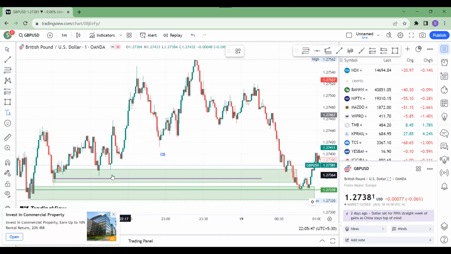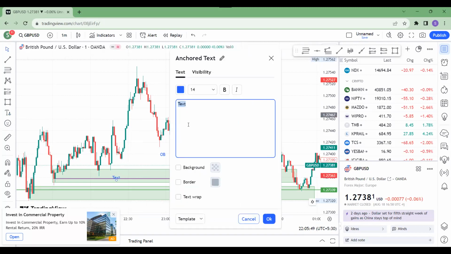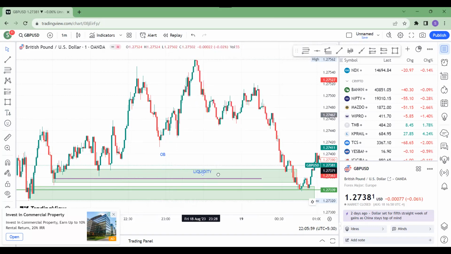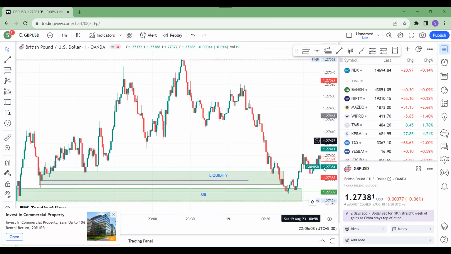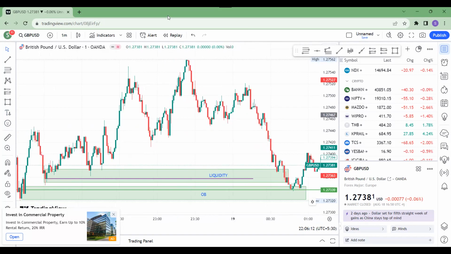This is our inducement, as you say, a liquidity area. We mark this liquidity, and we have an order block here. This is our order block level. When the market comes to this level, you place a trade.